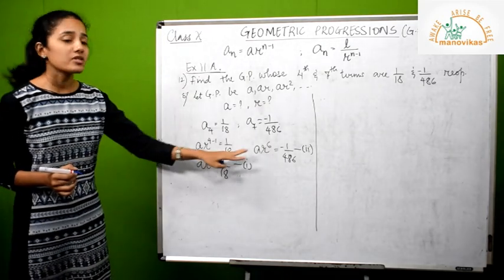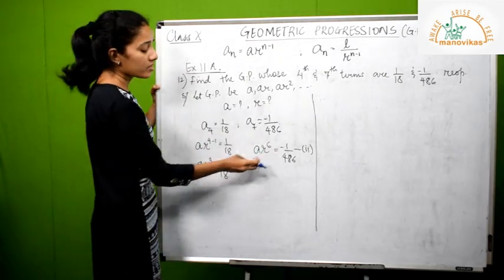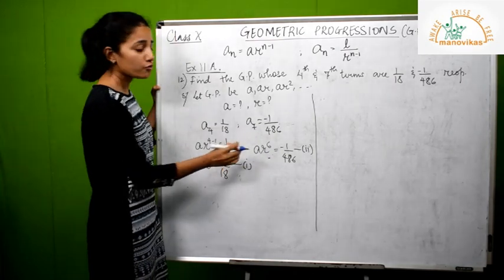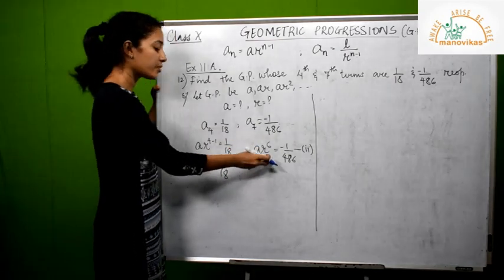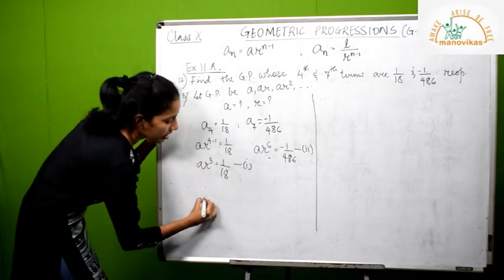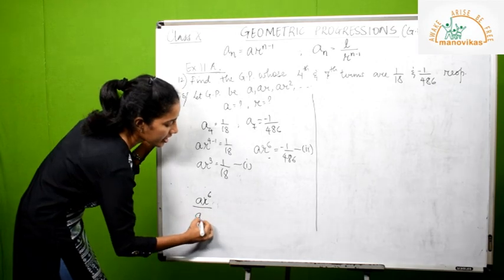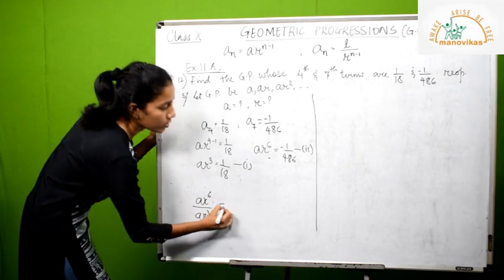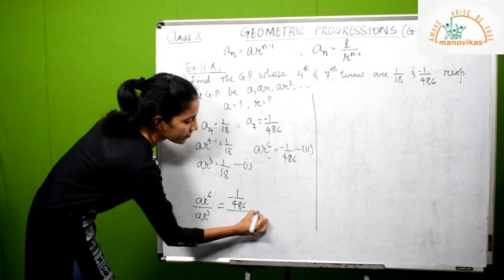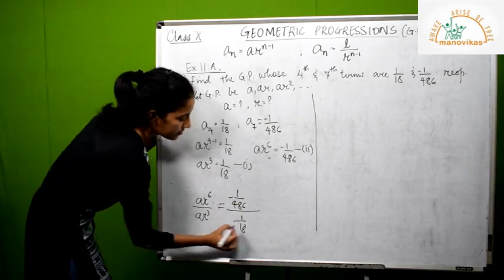Now how do we solve both these equations? Let us check which of these equations has the highest power. The highest power is this one, so you take the ratio between the highest power equation and the lower one. So you have ar raised to 6 divided by ar cube is equal to negative 1 upon 486 divided by 1 upon 18.